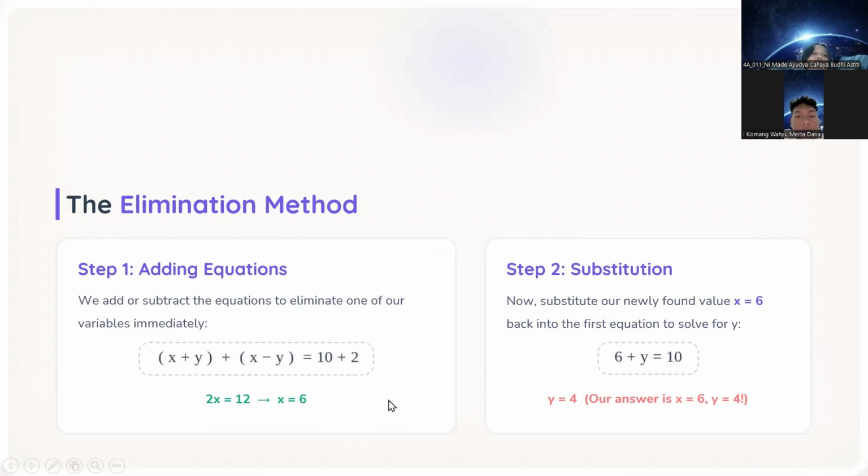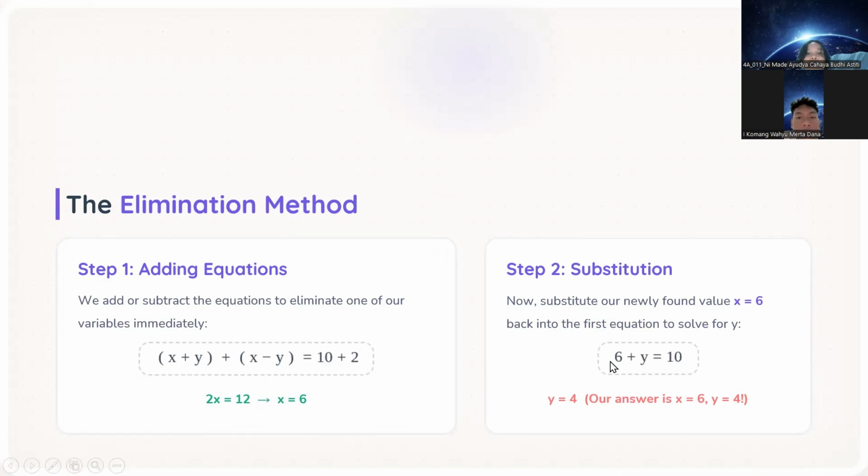So we use the elimination method and add both equations. It becomes x plus y plus x minus y equals 10 plus 2. After that, we get 2x equals 12, and the value of x is 6. Now we substitute the value of x back into the first equation to solve for y.